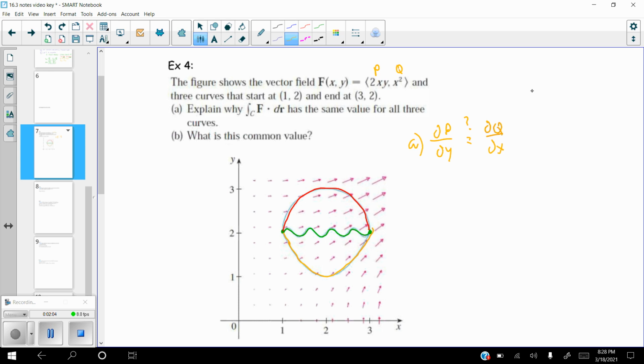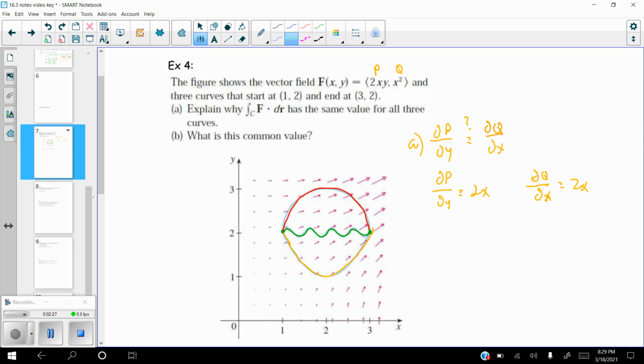So what is the derivative of P with respect to y? The partial derivative of P with respect to y is going to be 2x. Then what is the derivative of Q with respect to x? The partial derivative of Q with respect to x also happens to be 2x.